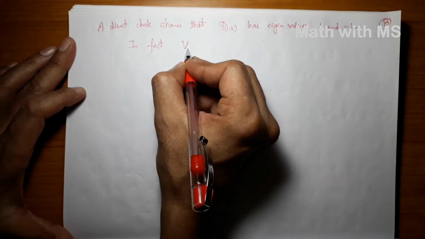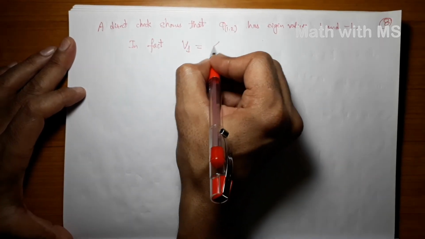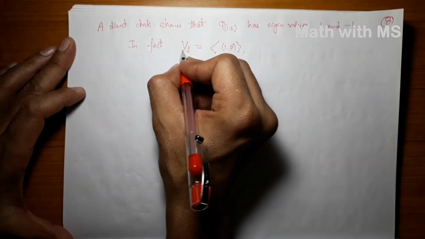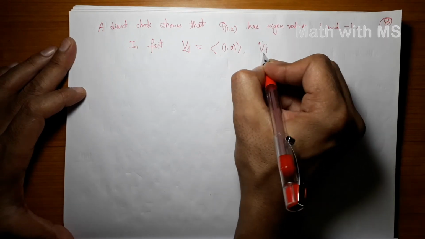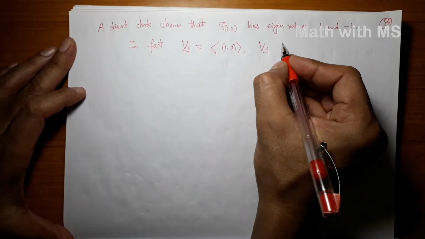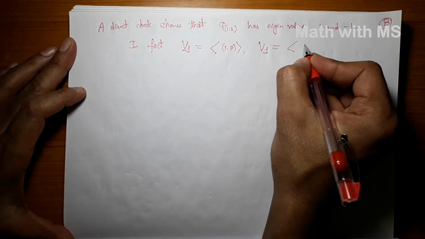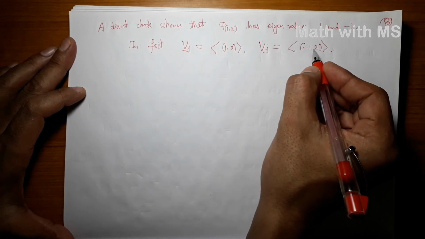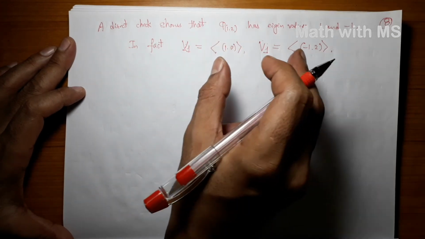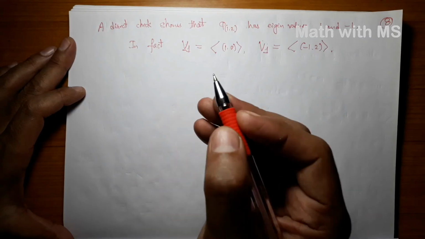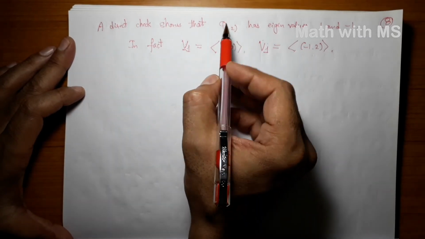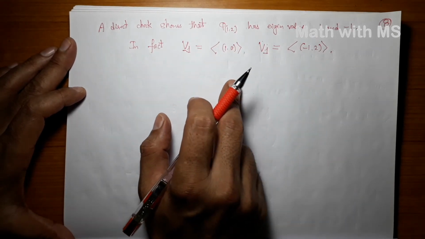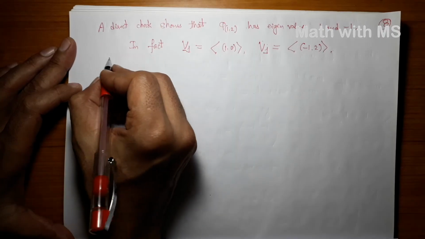Let us denote by V1 the eigenspace corresponding to eigenvalue 1, which is the space spanned by (1, 0), and the eigenspace corresponding to -1 is the subspace spanned by (-1, 2). So (1, 0) and (-1, 2) are eigenvectors corresponding to 1 and -1 respectively. Now what one needs to check is that phi of (1 2 3) cannot have (1, 0) and (-1, 2) as eigenvectors.